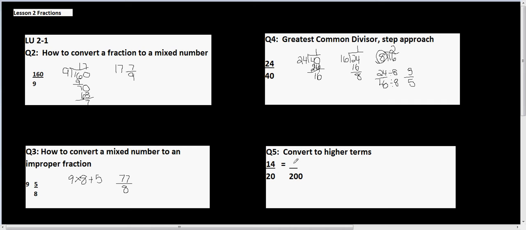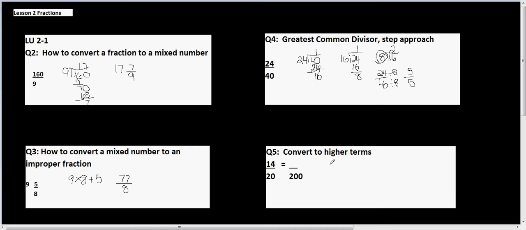Okay, let's learn how to convert to the higher term. So if we have a fraction like this with 14/20, we want to know what the equivalent number is in 200ths. The easiest way to solve this answer is to cross-multiply the numerator and denominator of the different fractions and then divide by the denominator.